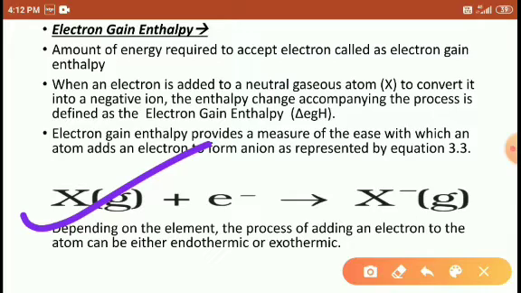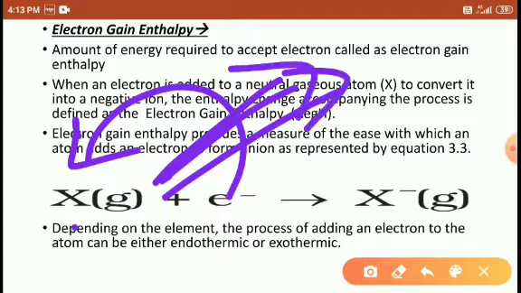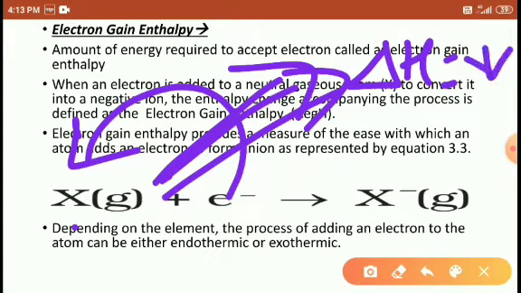Depending upon the element, the process of adding an electron to the atom can be either endothermic or exothermic. So during this reaction, students, when the atom accepts electrons, either it liberates an amount of heat or it absorbs heat. If it liberates heat, delta H is negative.